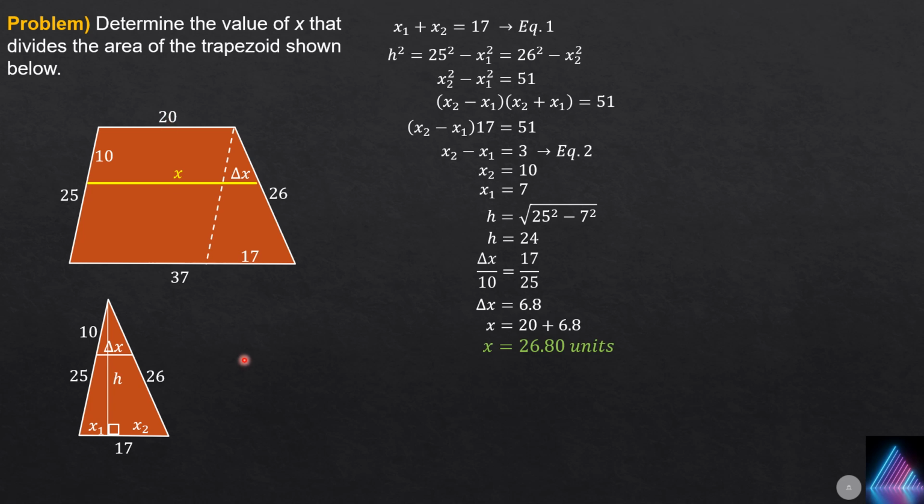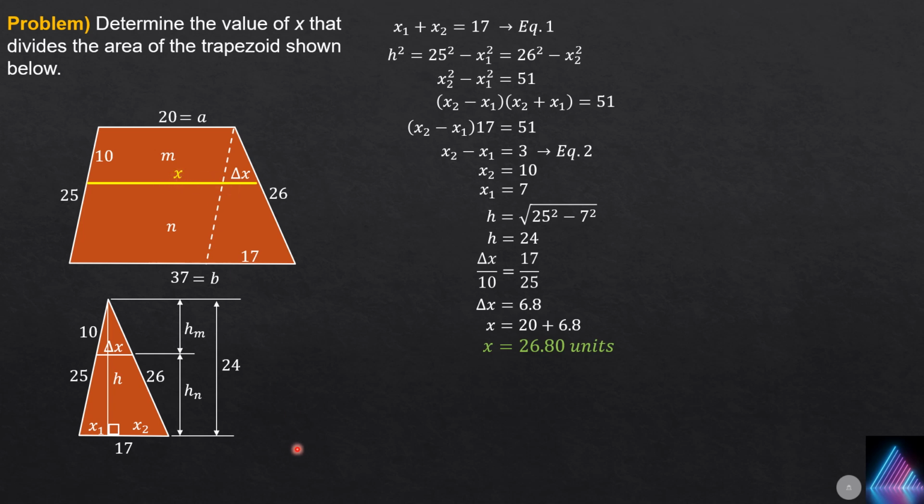If I call the area of the upper part as M, and this is N, the lower area, the total area M plus N is equal to the area of the trapezoid, and this side here is denoted by A, and this is B. 20 is A, 37 is B. And the length of the dividing line X, if you want the derivation, you can see my other playlist in plane geometry.